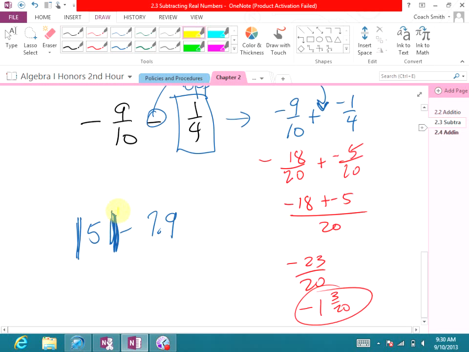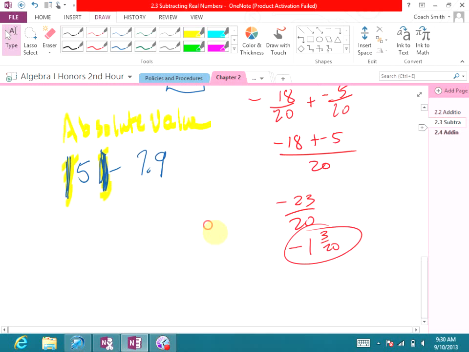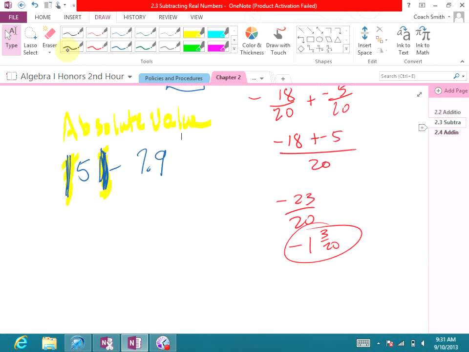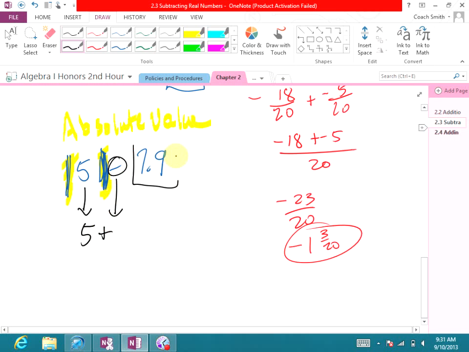So what they want is the absolute value of 5, which is 5. Change that to addition and do the opposite of positive 7.9, which is negative 7.9.